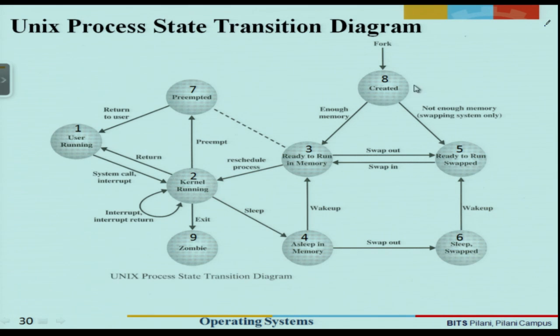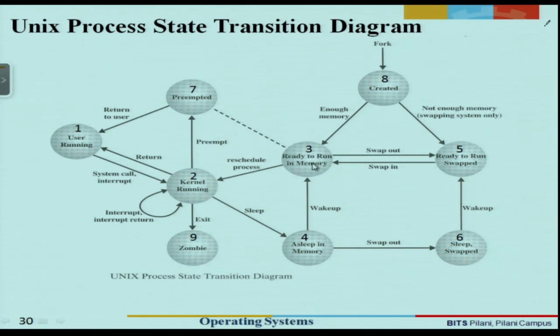We have a state known as created. Whenever a process is forked, the process would use a fork system call to create a process. A new process always begins at the state we call created, and if there is enough memory in the system, then it goes to ready to run in memory.